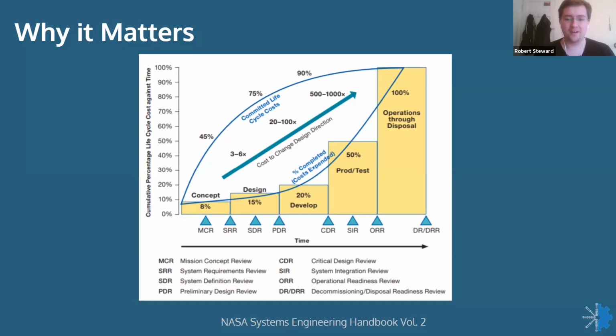This chart is a bit of an example of going through a typical project. And while this isn't going to be the same for everything, it's very consistently similar to this.